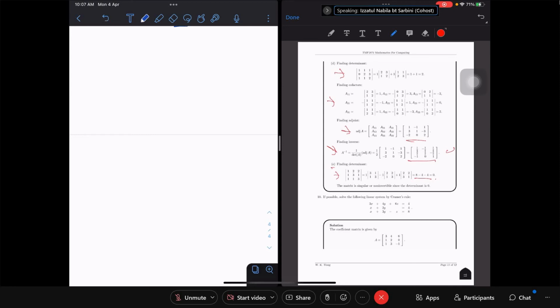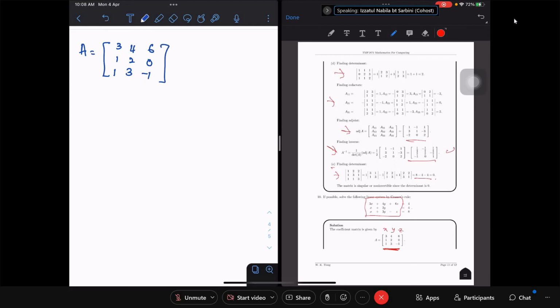Okay, using Cramer's rule. Now look at this. This is a coefficient matrix. How do you get this coefficient matrix? From this. See, here the first column is X, Y, and Z, right? So matrix A, the coefficient matrix, is 3, 1, 1, 4, 2, 3, 6, 0, -1.